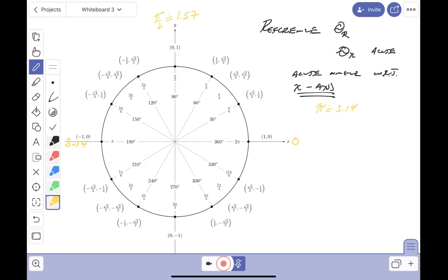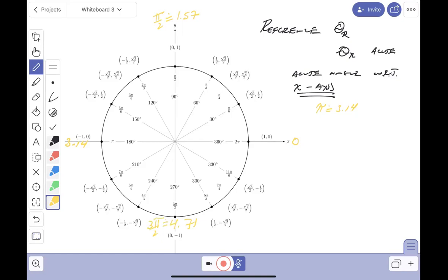By the way, when I put a dot above an equal sign, I'm basically saying use a calculator to get pi over 2, about 1.57. Let me do 3 pi over 2 now. And what are you going to get? About 4.71. And this is 3 pi over 2.